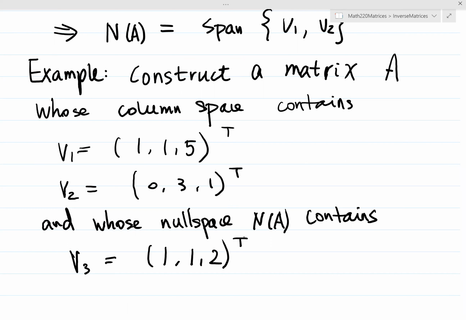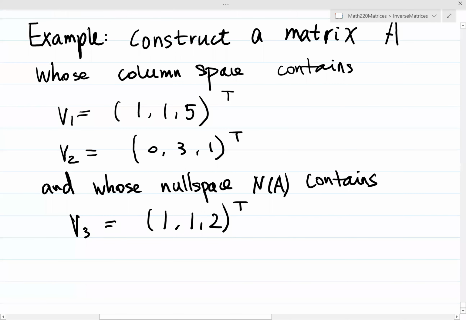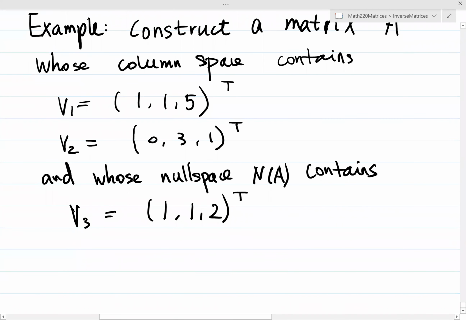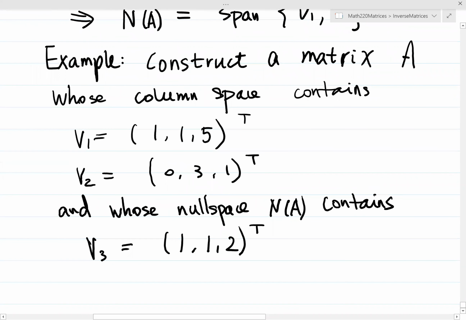Okay, now first we look at the column space. The column space contains V1 and V2. Because we just construct a matrix with this property, we can assume that, for instance, the column space is actually spanned by V1 and V2.